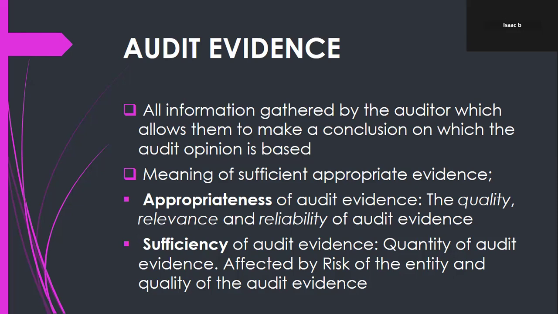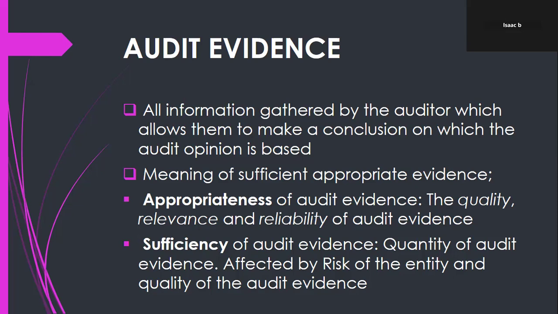Then sufficiency of audit evidence just means the quantity of audit evidence. How deep are we going to go in regards to obtaining the audit evidence? What's our sample size?